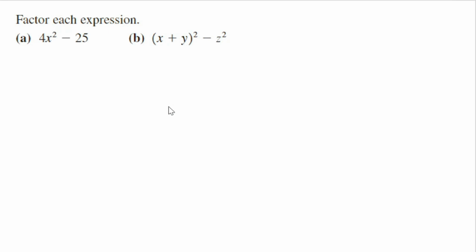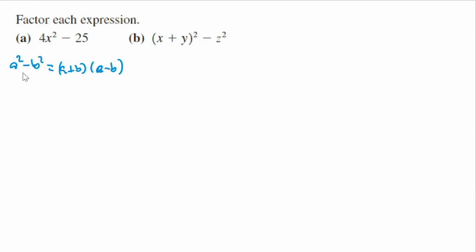So factor each expression. Number one, letter a, we have 4x squared minus 25. So 4x squared, the first term, is a perfect square, and the second term 25 is also a perfect square. So I call this one difference of two squares. First of all, I will write the formula for that. So this can be written as a squared minus b squared, whose factor for this is a plus b times the quantity a minus b.